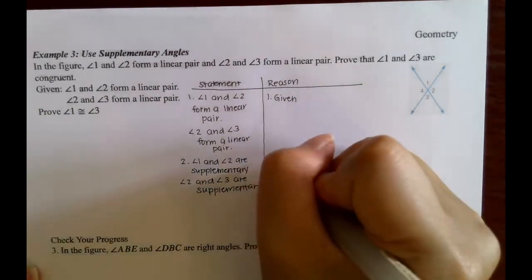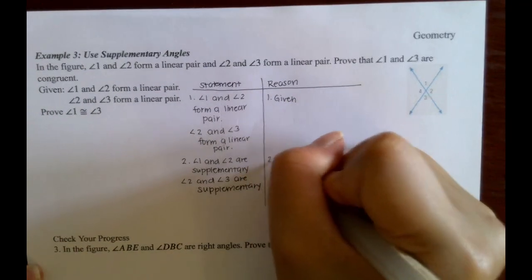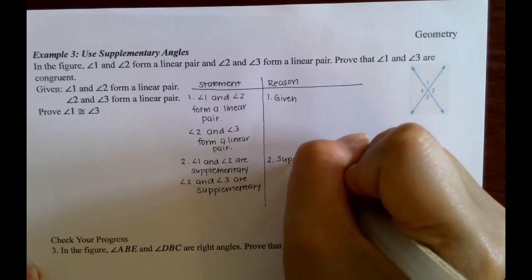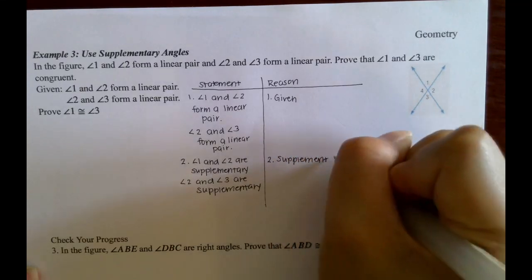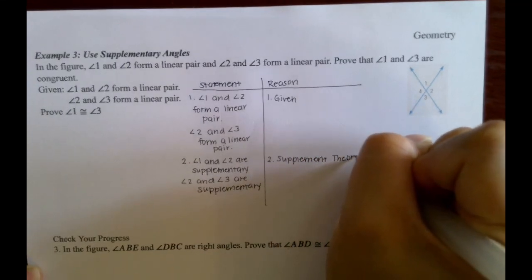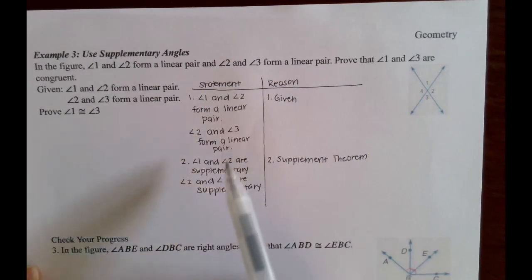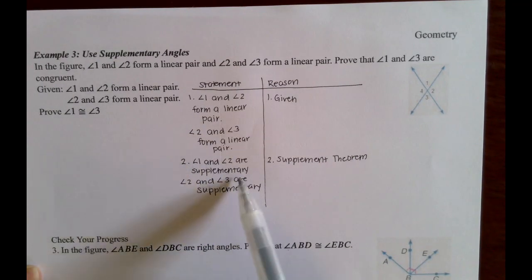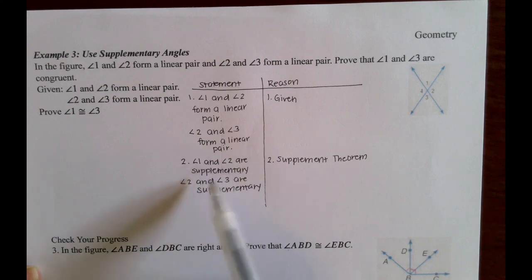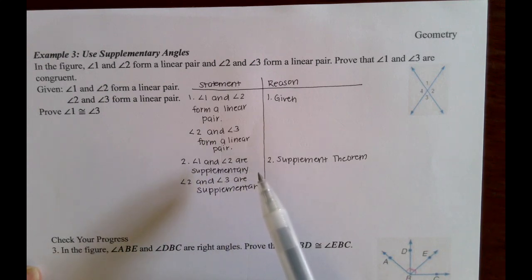And then the reason why is because of the supplement theorem. And the supplement theorem tells us that angles that are supplementary to the same angle, in this case angle 1 and 3, are supplementary to the same angle, angle 2, well, what we'll then know is that they're going to be supplementary to each other.